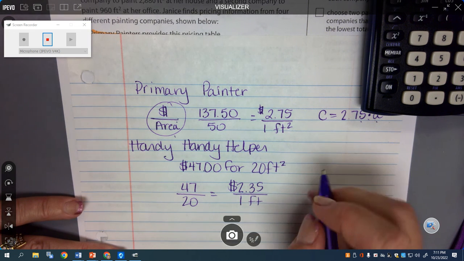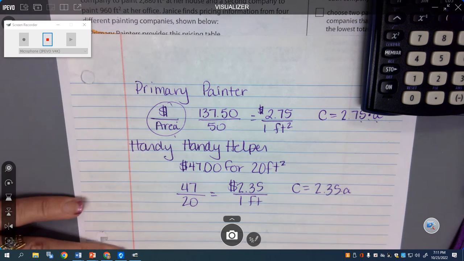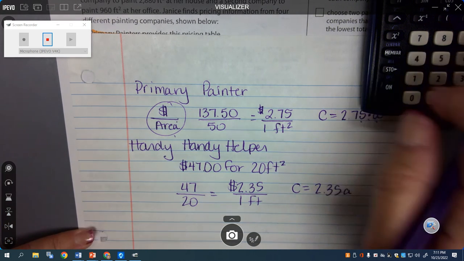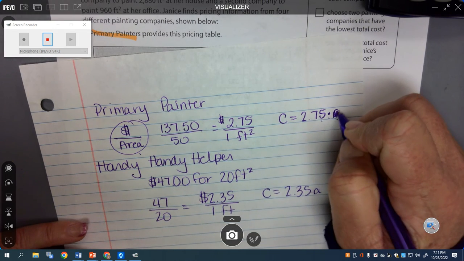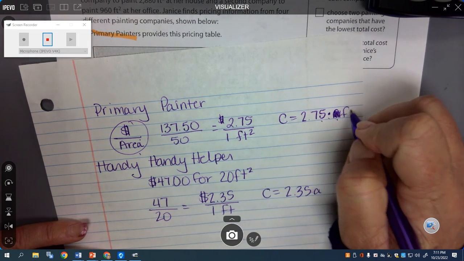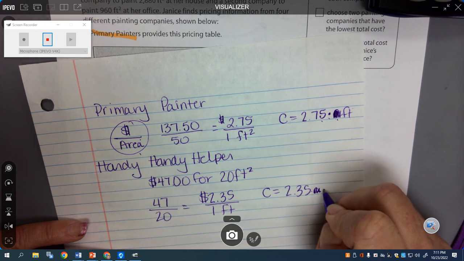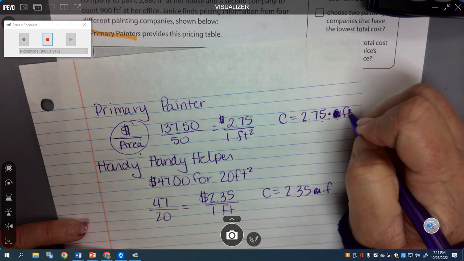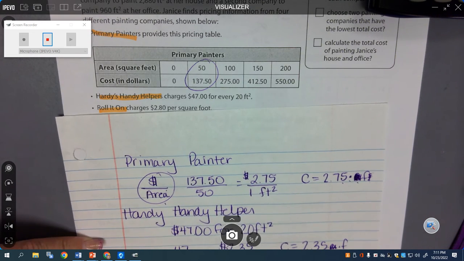So our equation for this would be 2.35 times the square foot. Every time I look at A, it's bugging me, so let's go times feet instead of A. Let's use F. All right, moving on. Let's go Roll It On.